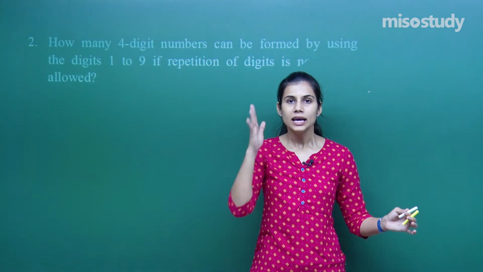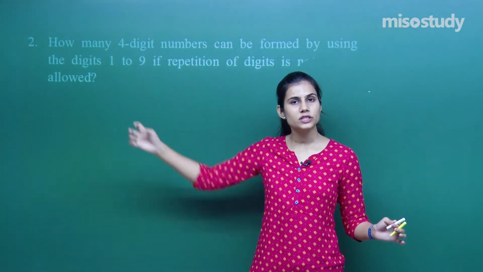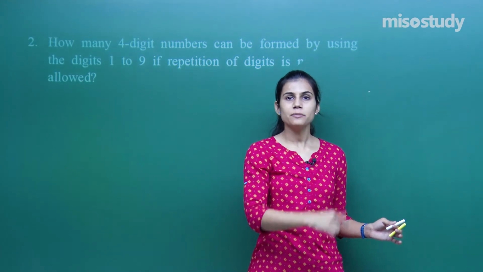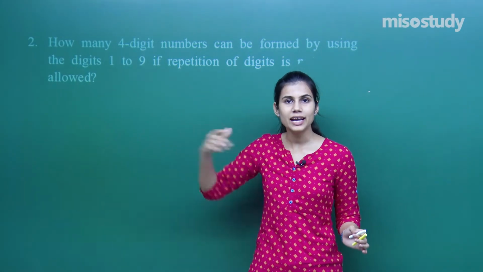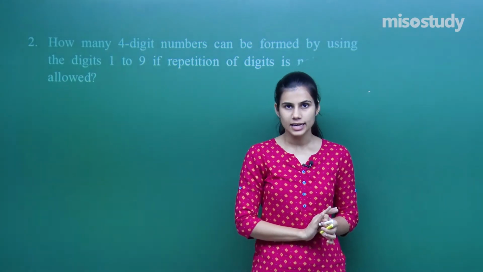Number of choices means the number of ways in which I can choose 4 digits from the available 9 digits, multiplied by 4 factorial, because each choice of 4 digits from 1 to 9 is giving me 4 factorial 4-digit numbers.